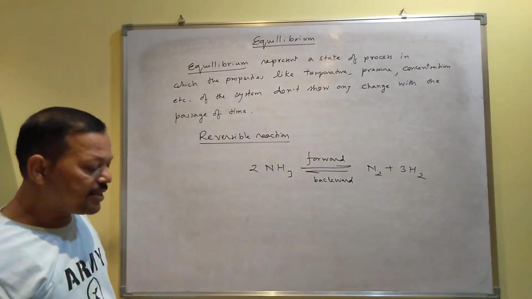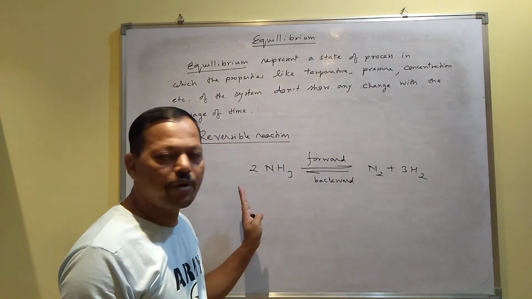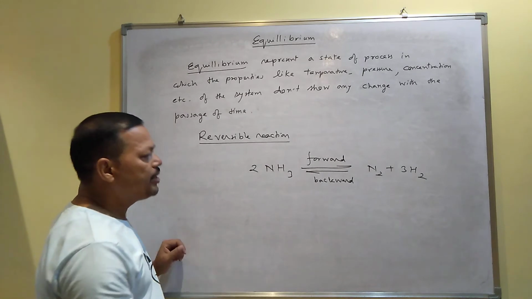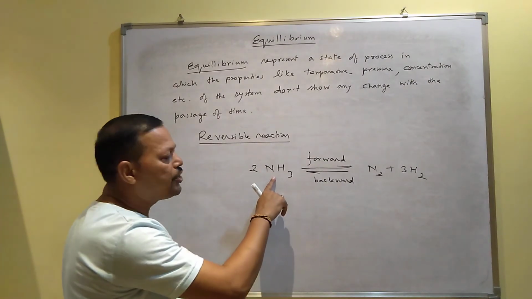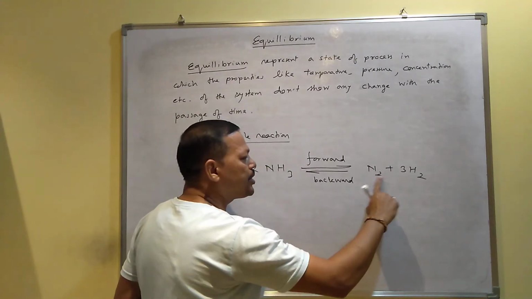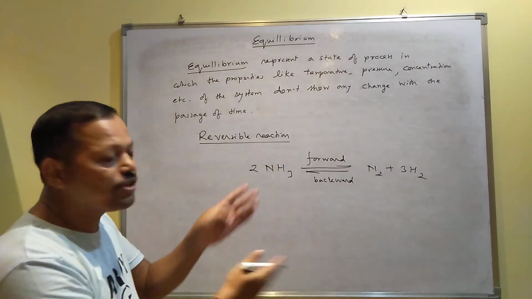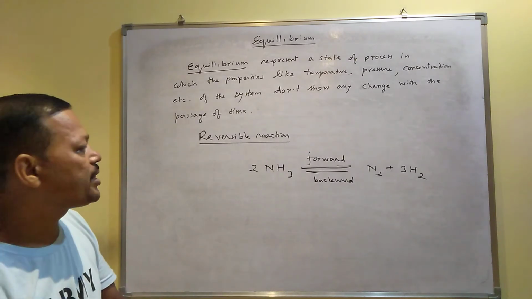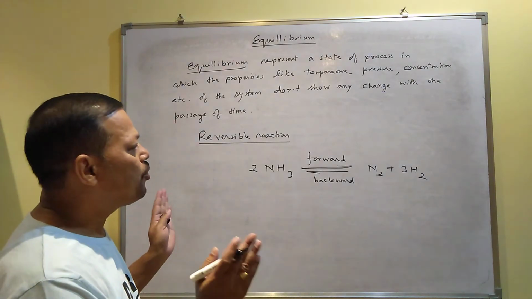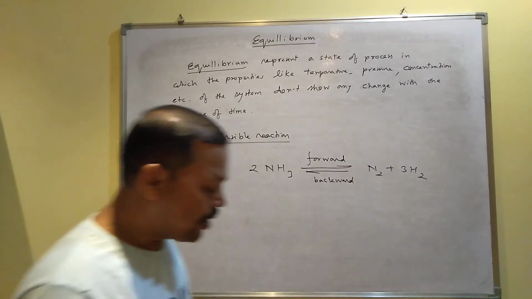So when a reaction takes place both in forward and backward direction, that type of reactions are called reversible reactions. Here ammonia, when it undergoes decomposition, produces nitrogen and hydrogen gas. Similarly, when nitrogen and hydrogen gas react, they can form ammonia. I mean from both sides the reaction can take place, and this type of reaction is called a reversible reaction.